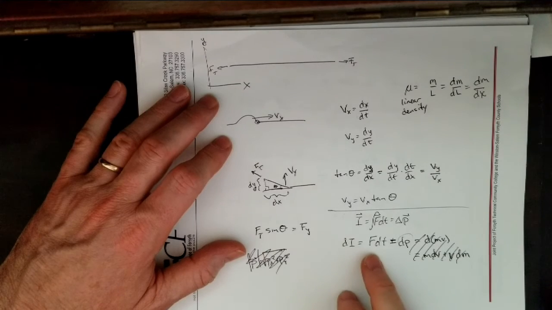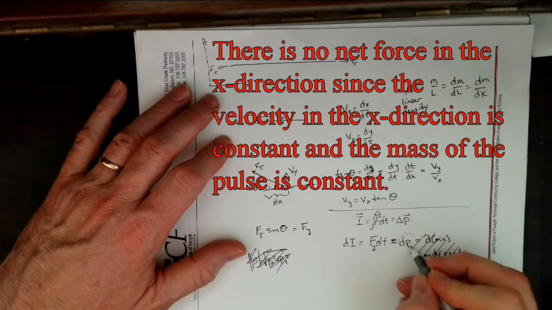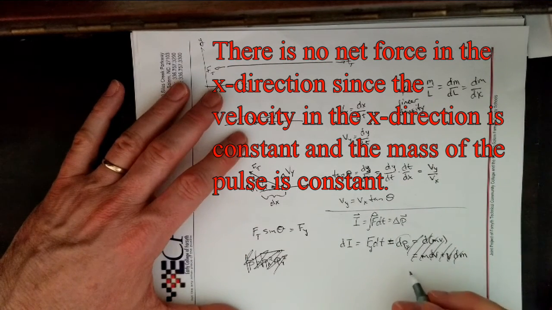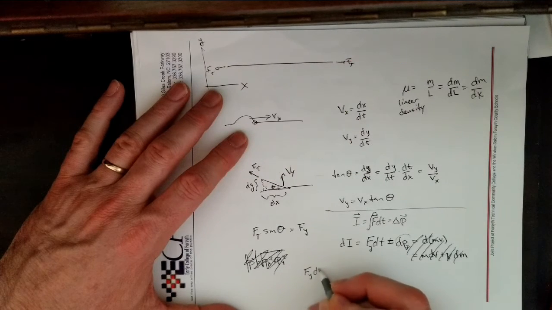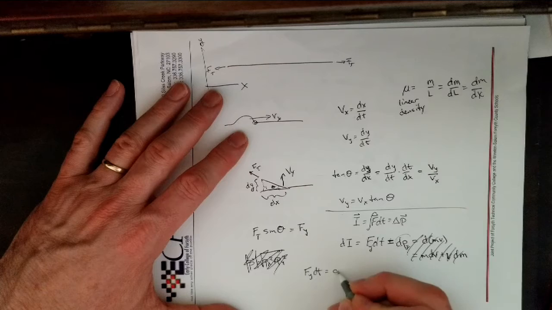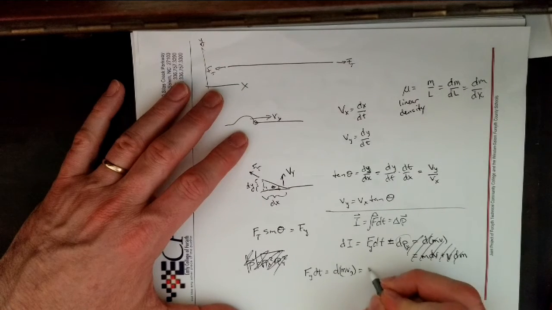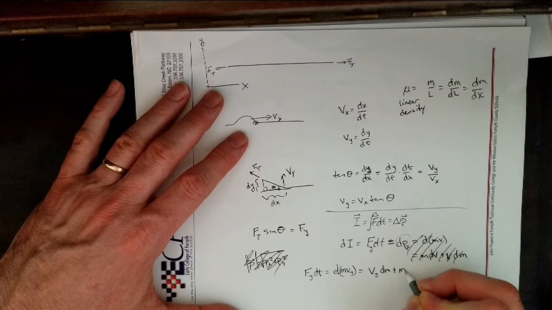So the force that is being applied here is in the y direction, so that's F sub y, and so this becomes dp sub y. And so I have Fy dt is equal to d(m vy), because we're dealing with the impulse in the y direction. And that is equal to v sub y dm plus m times dvy.